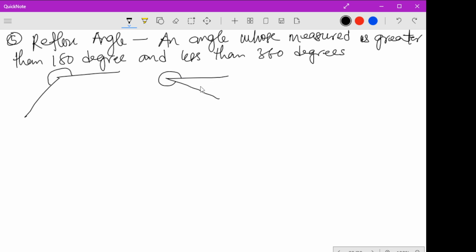So I would like to give the last type of angle, which we call number 6. We call it complementary angle.